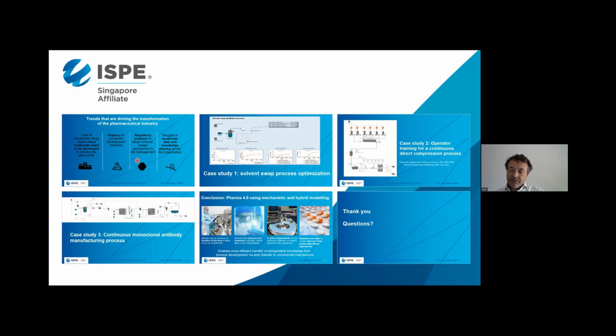After the introduction, which will take about 15 minutes, we will go into 3 different case studies. First, solvent swap, which is synthetic pharma on the drug substance manufacturing side. The second case study was presented by the FDA, around drug product manufacture and using models for developing a process, but also training operators and testing for robustness.